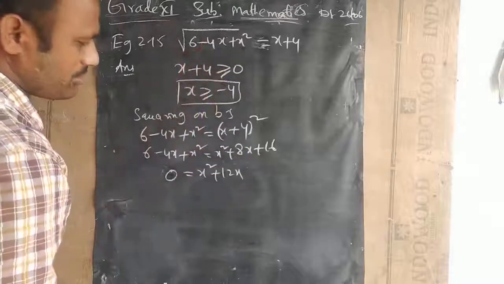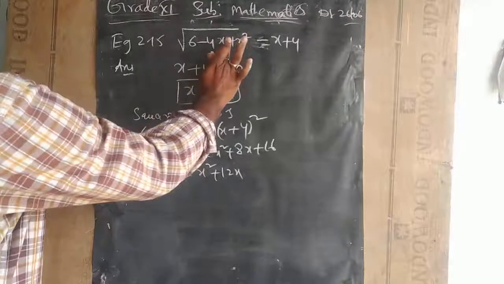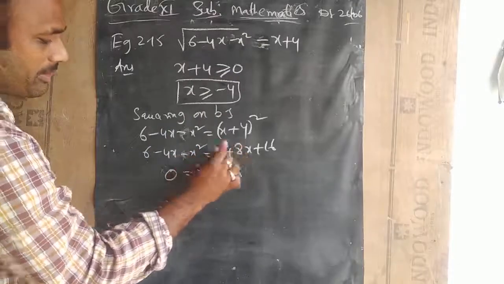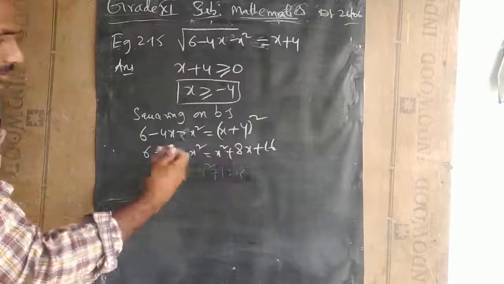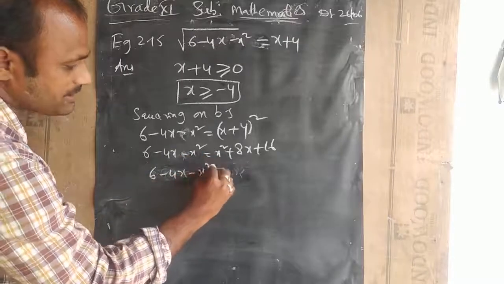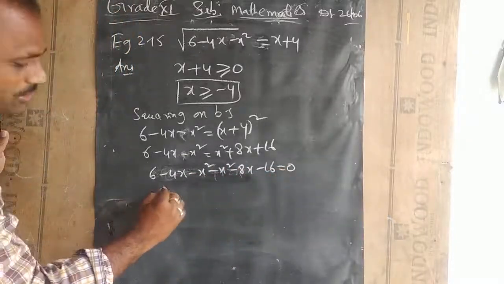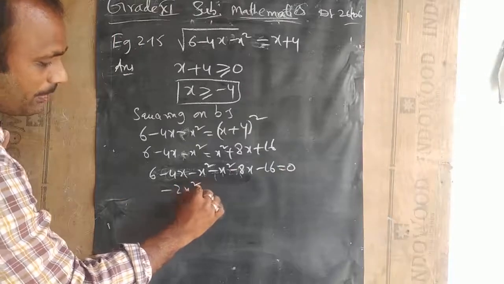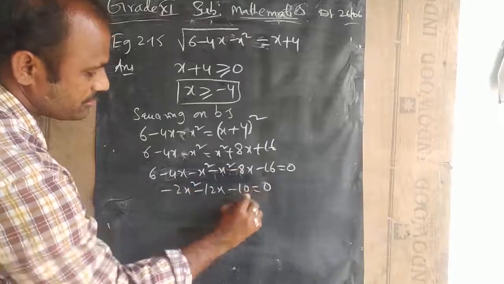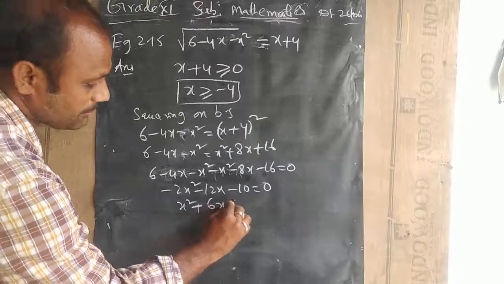Students, here the question has a minus, I mistakenly took plus; here minus, here also minus, so it becomes minus x square. Let us transpose everything to one side: 6 minus 4x minus x square minus 8x minus 16 is equal to 0. So the answer will be minus 2x square minus 12x minus 10 is equal to 0. Dividing by minus 2, it becomes x square plus 6x plus 5 is equal to 0.